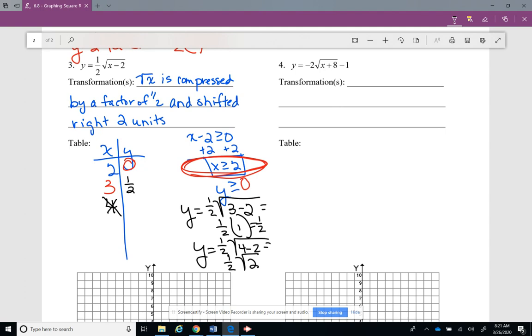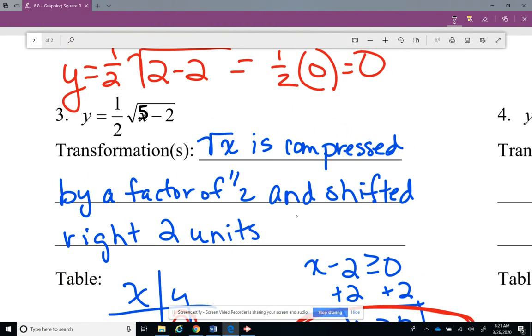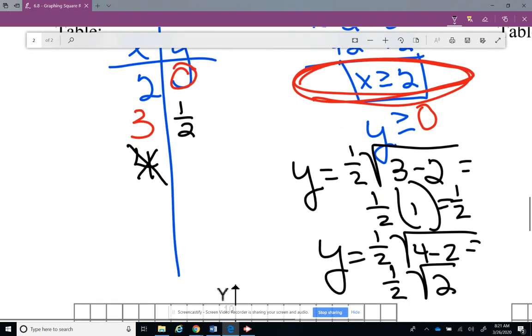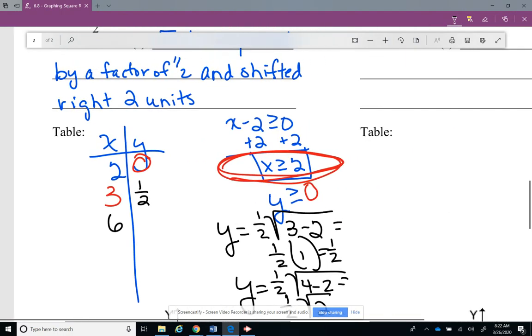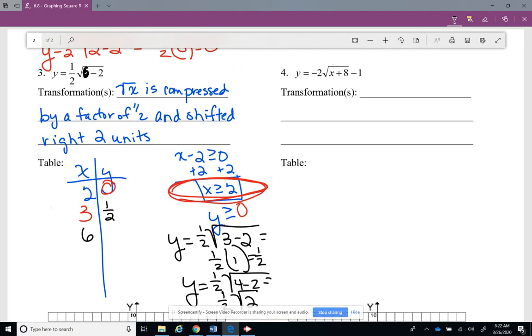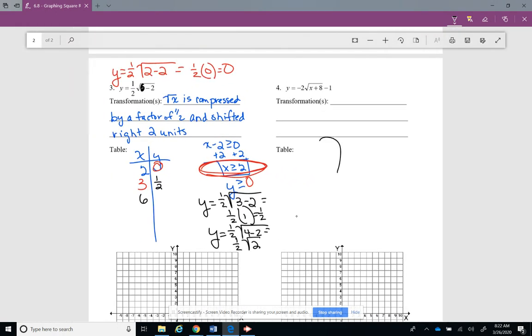Okay, and let's go ahead and look up here and see what would be next. 5. 5 minus 2 is going to give me a 3, so I don't want a 5. 6 minus 2 is going to give me a 4. That's what I want to do next. I want to do 6. I'm going to erase my 4. My next number I do is going to be 6, because I want it to be where I could graph very easily. All right, now I'm going to show my work over here, but I'm going to erase it.